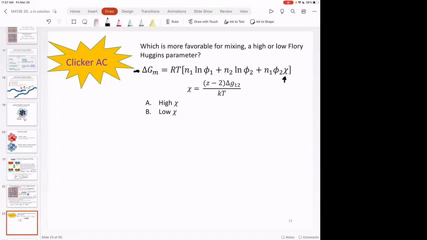Positive, always. What's the sign of T? Positive, always. And so we look here, volume fractions, okay, moles, great. And the question is, if Chi is big or small, what is favorable for mixing?